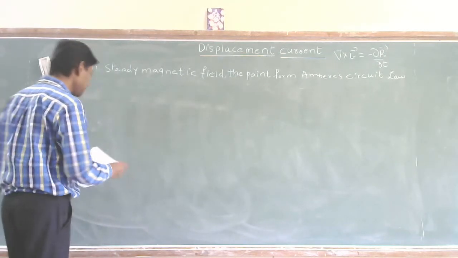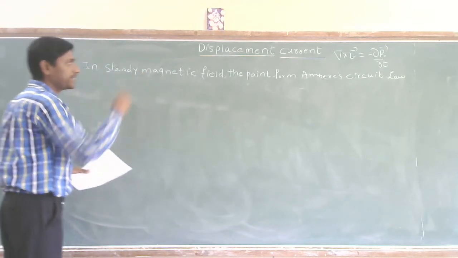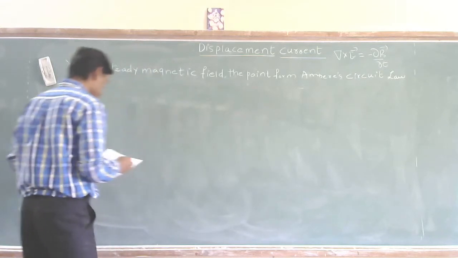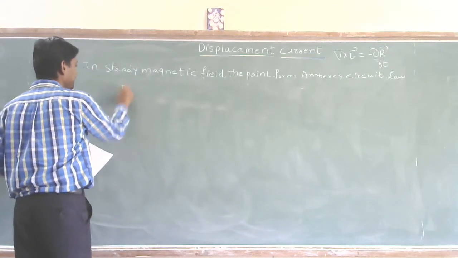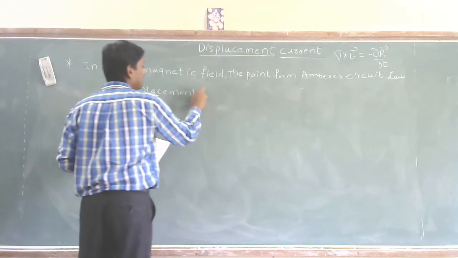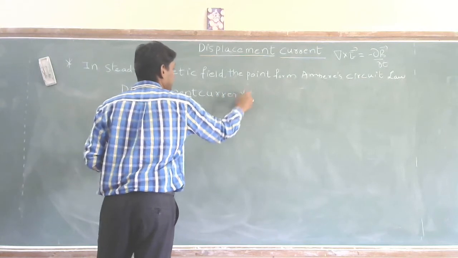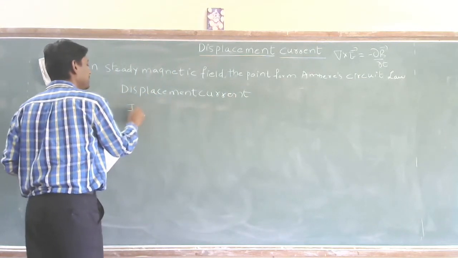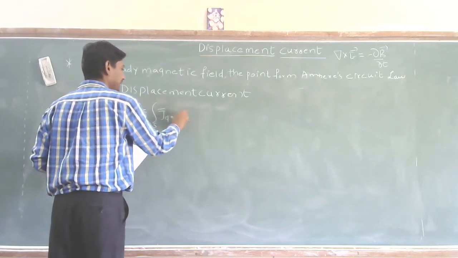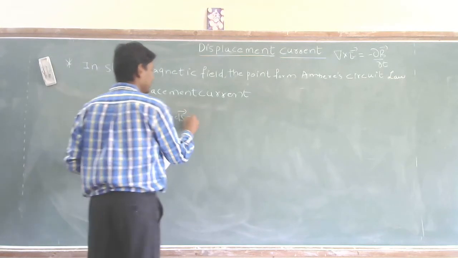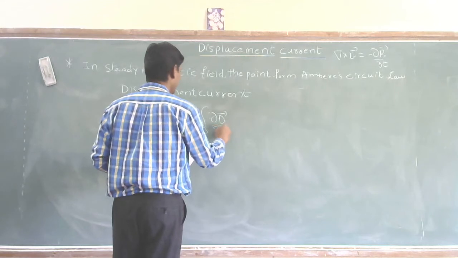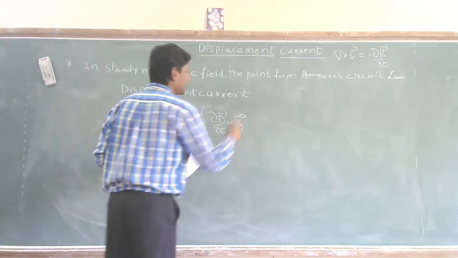So once we know displacement current density, we can define displacement current. That's quite simple. You could check that displacement current ID is equal to the surface integral of JD dot ds, which is ∂D/∂t dot ds.